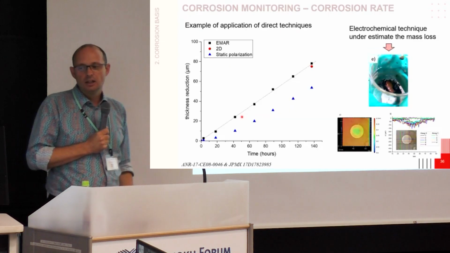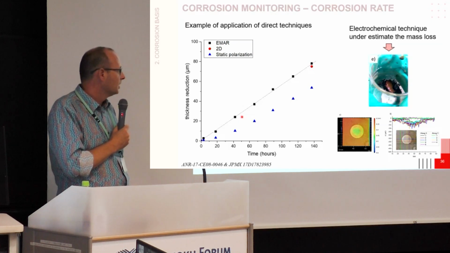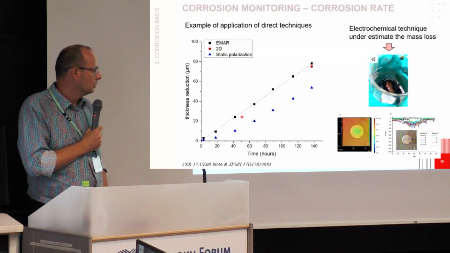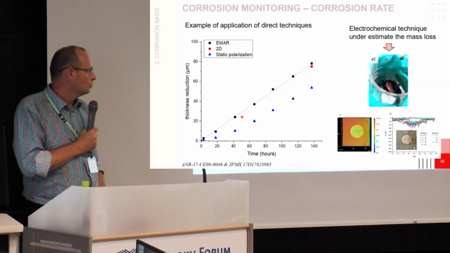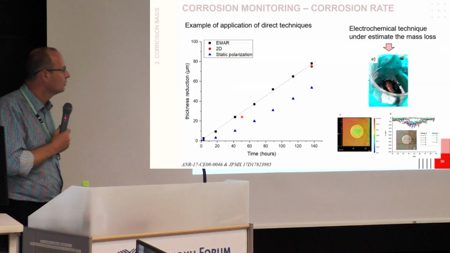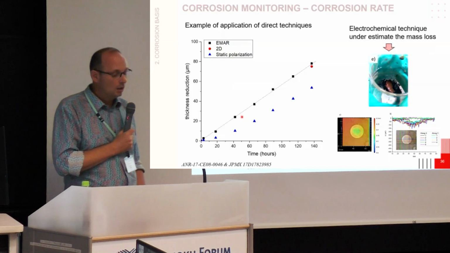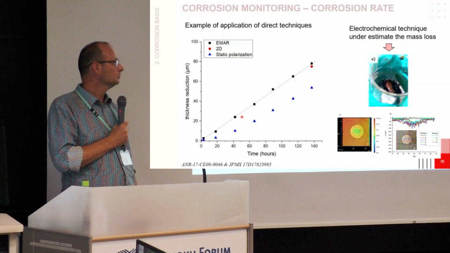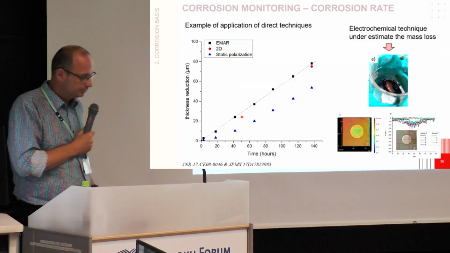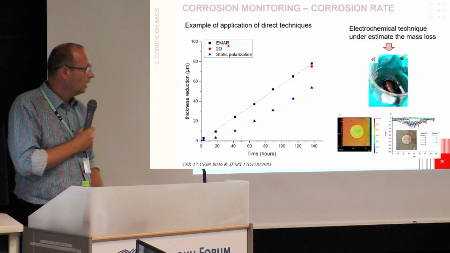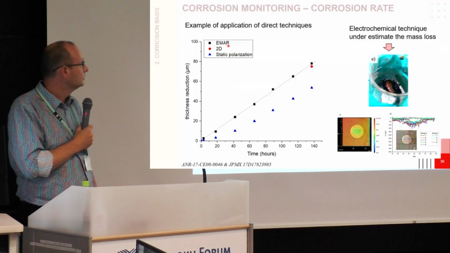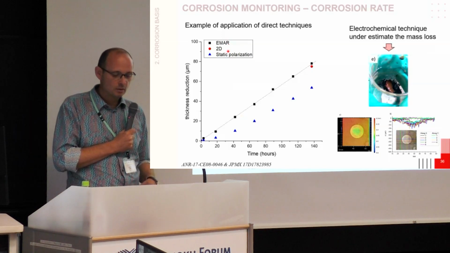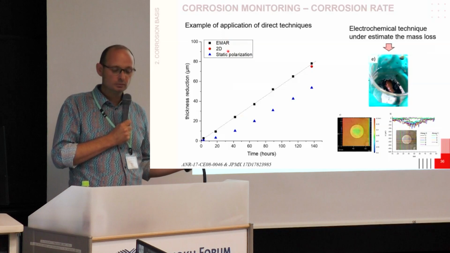Just to give you an idea, in a previous joint research between France and Japan, we compared the corrosion rate of a steel immersed in an acidic solution using NDT techniques. At the end of the experiment, we did what we always do, weight mass measurement.